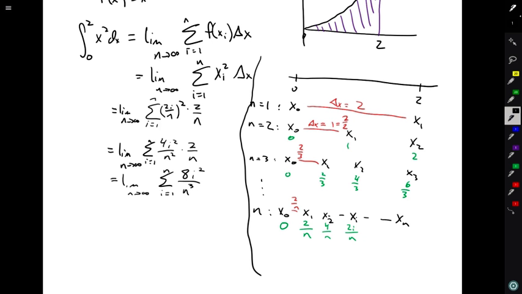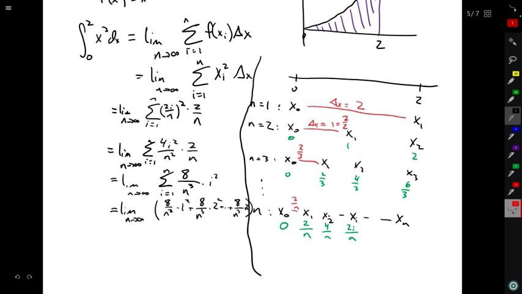Now, something that we might want to notice here is maybe a better way of writing this, rather than writing 8i squared out of n cubed, is I'm going to choose to write this as 8 out of n cubed times i squared. Because when we're doing this sum, we're starting with something like i equals 1. So we've got 8/n cubed times 1 squared plus 8/n cubed times 2 squared, and so on, all the way up until we get to n: 8/n cubed times n squared.